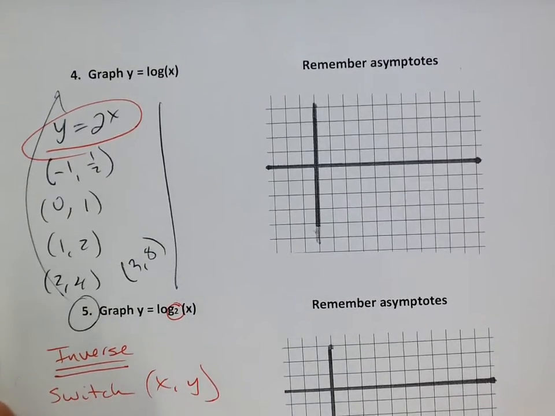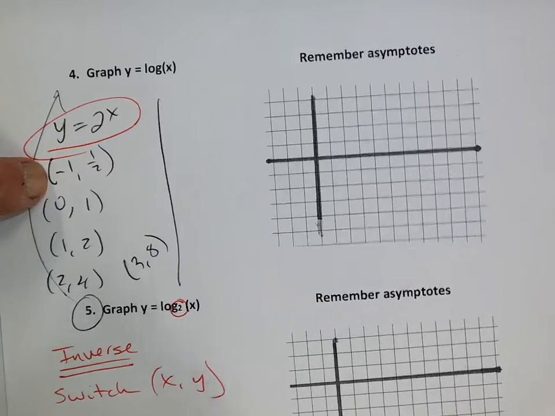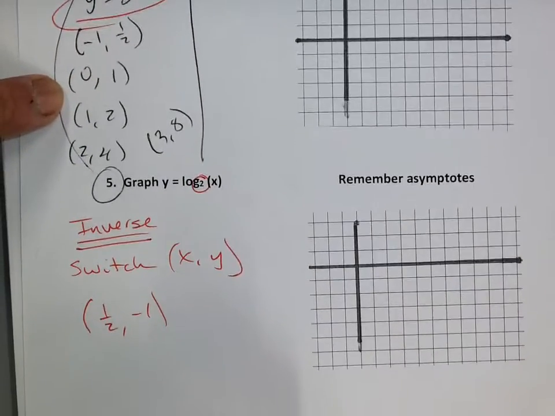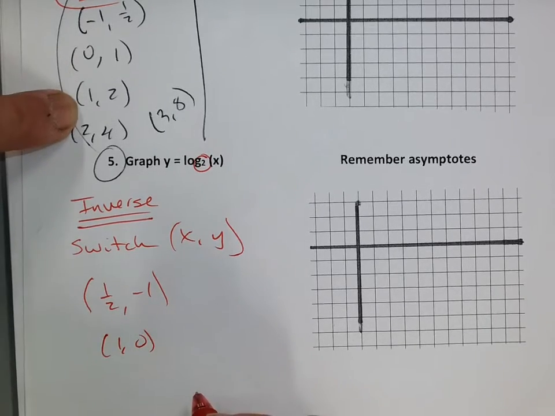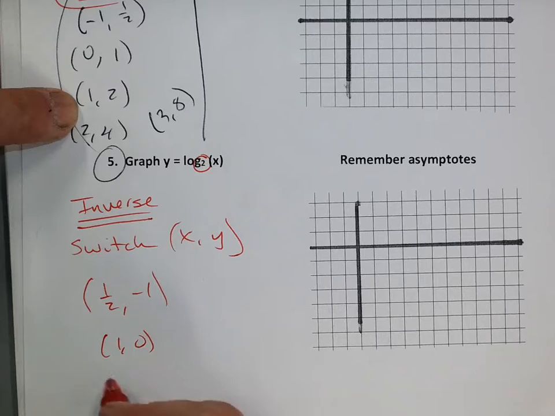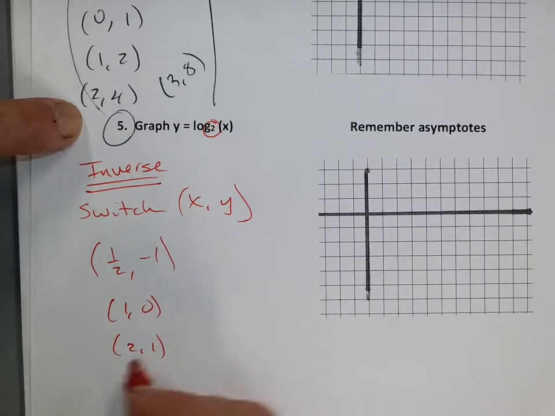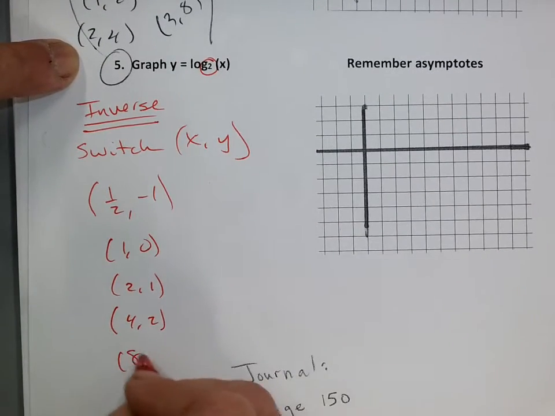So instead of my -1, 1/2, I'm going to have 1/2, -1. Switch the x and y's because it's an inverse, I'm going to have 1, 0. Then 2, 1. Then 4, 2. And then 8, 3.